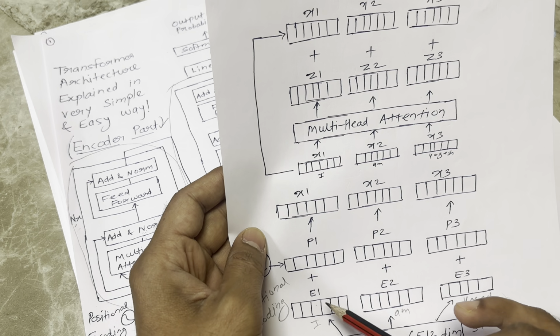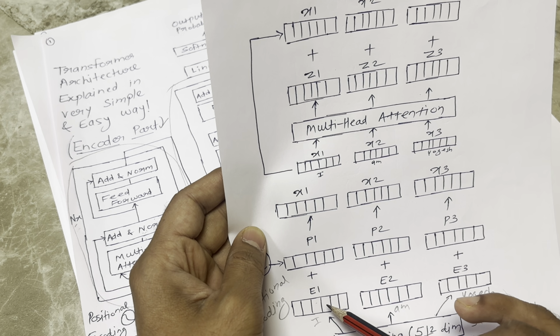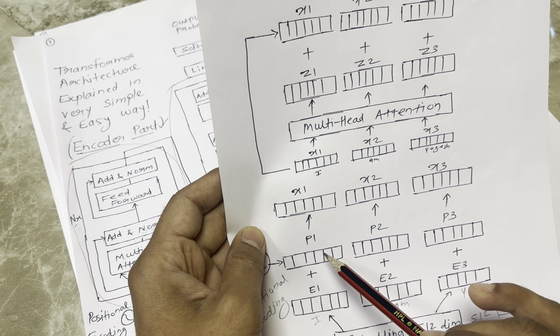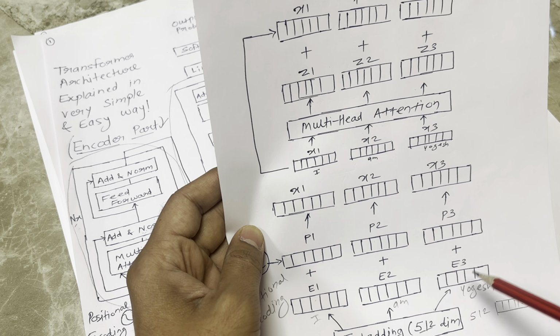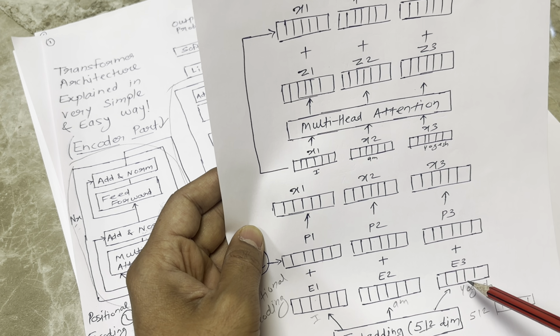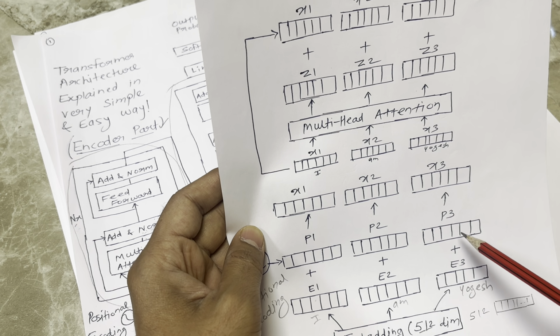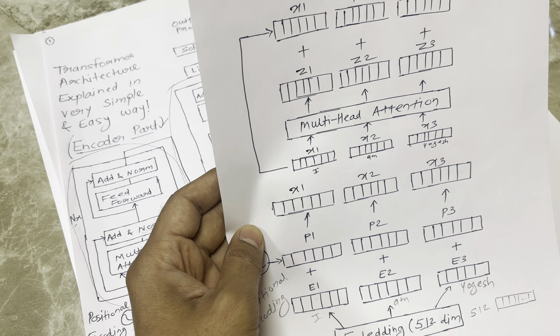So x1 equals embedding of I plus positional encoding of position 1. x2 is embedding of am plus positional encoding of position 2. And x3 is embedding of Yogesh plus positional encoding of position 3. This is how we got x1, x2, x3.